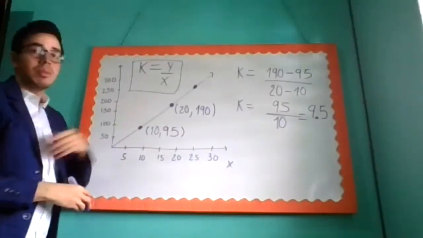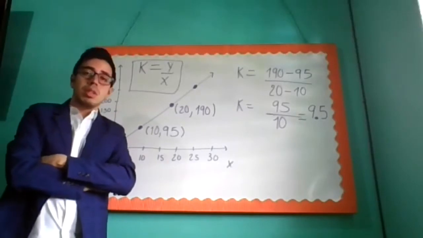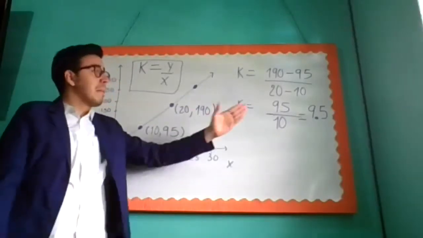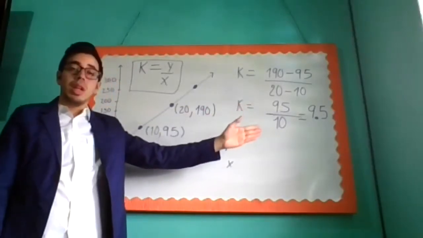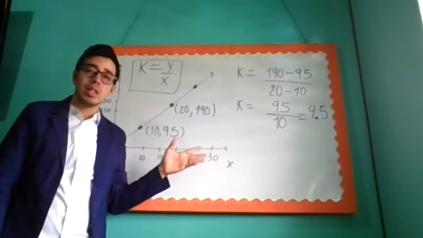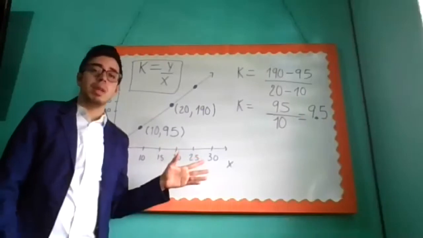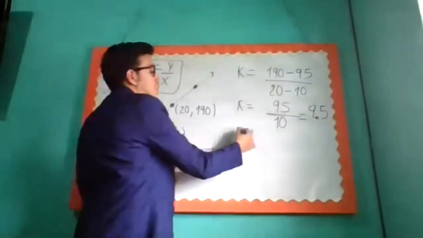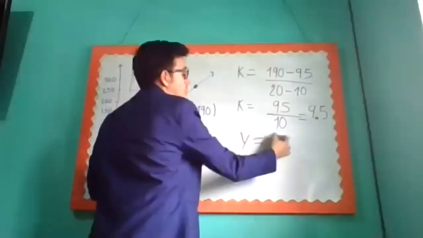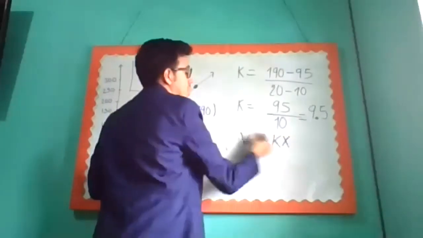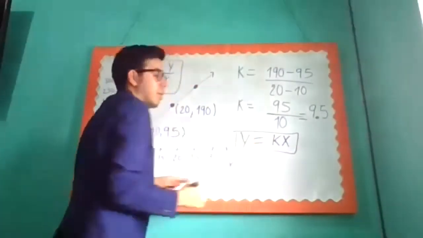So, what is the other equation we use? Now we know the constant, and we know that she exercised 15 minutes. She wants to know the calories burned in 15 minutes. So remember the equation, y equals k multiplied by x. This is the other equation we used.